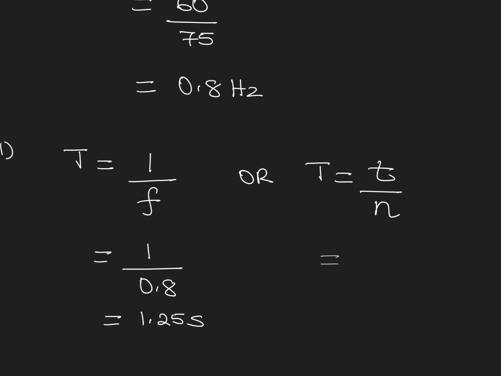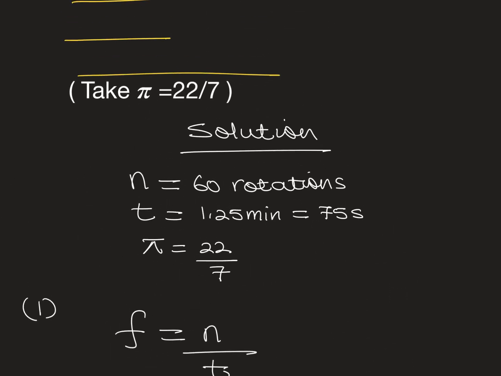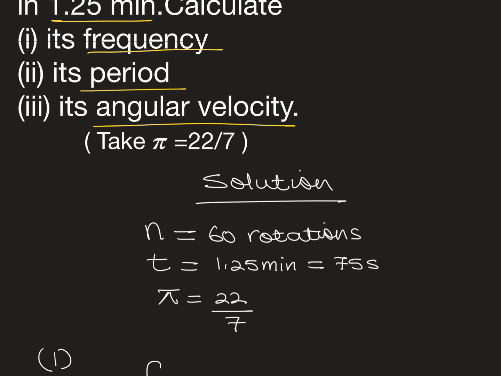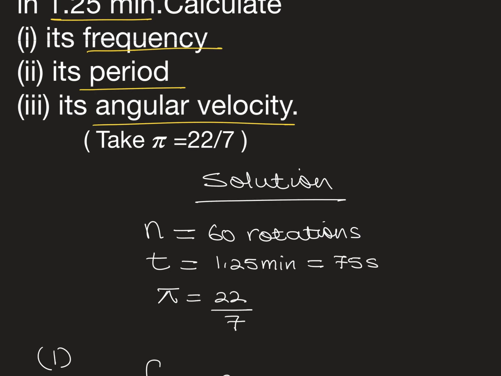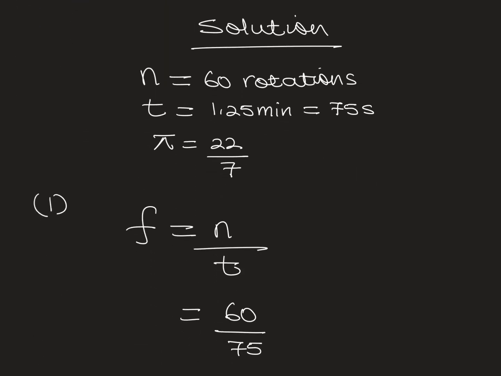If we want to use the other formula, the total time, 75, divided by the number of rotations, 60. 75 divided by 60, you will still have the same answer, 1.25 seconds. Okay, any of the formulae that you want to use is applicable. The last question is asking us to find the angular velocity, omega.